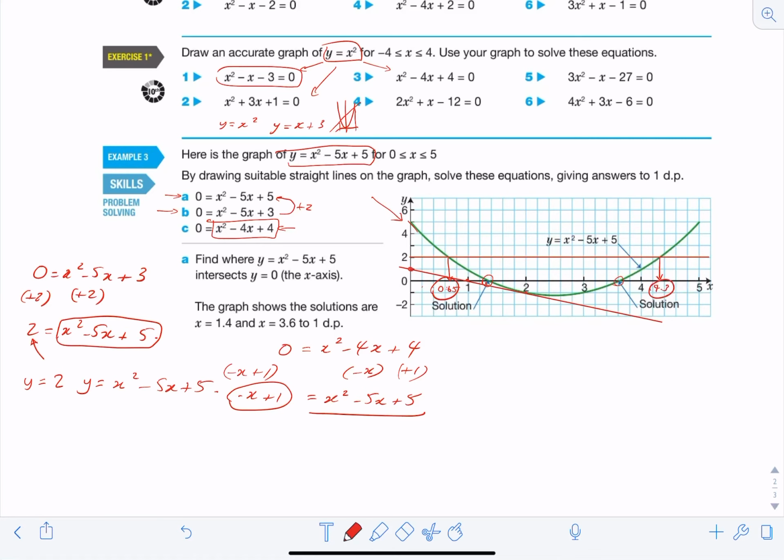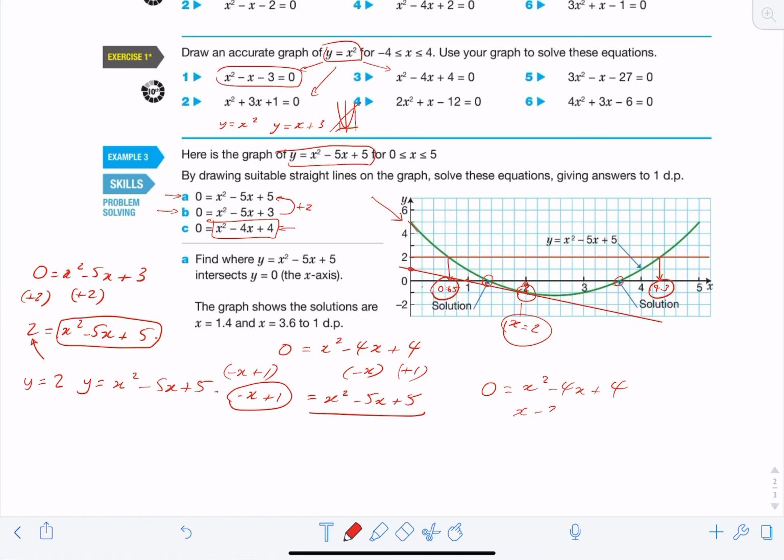Okay. So I think maybe there is only one solution at that point where x equals 2. I think that's probably right. Oh, of course. I worried myself then, because if I've got 0 equals x squared minus 4x plus 4, and I factorize that, well, that's a perfect square.